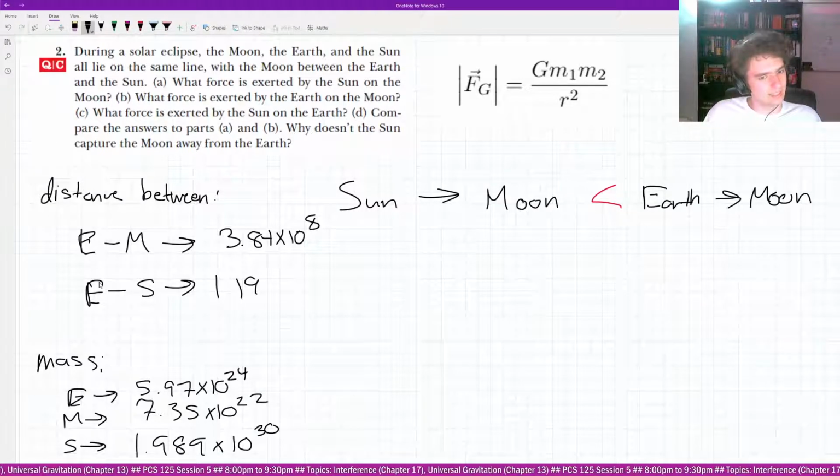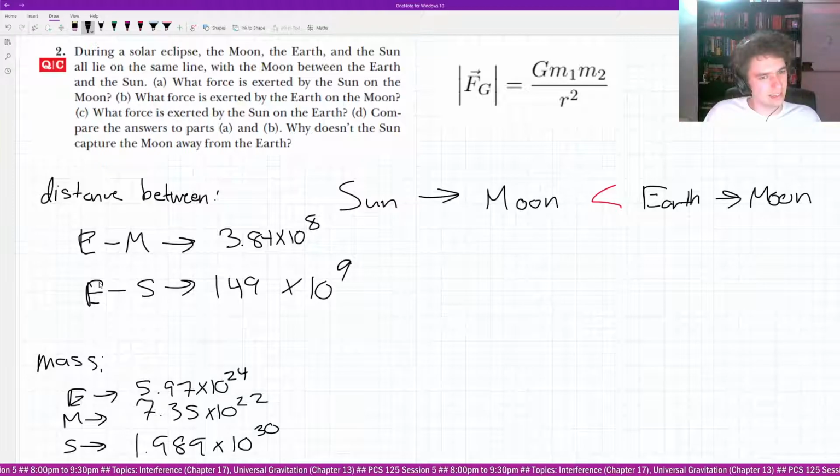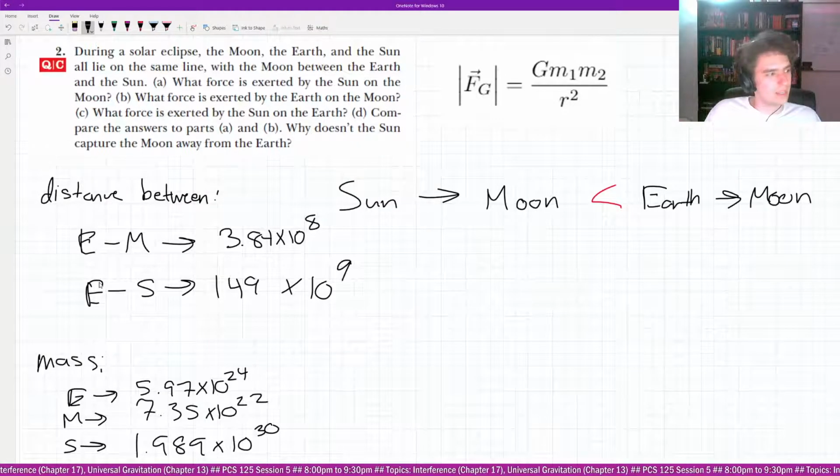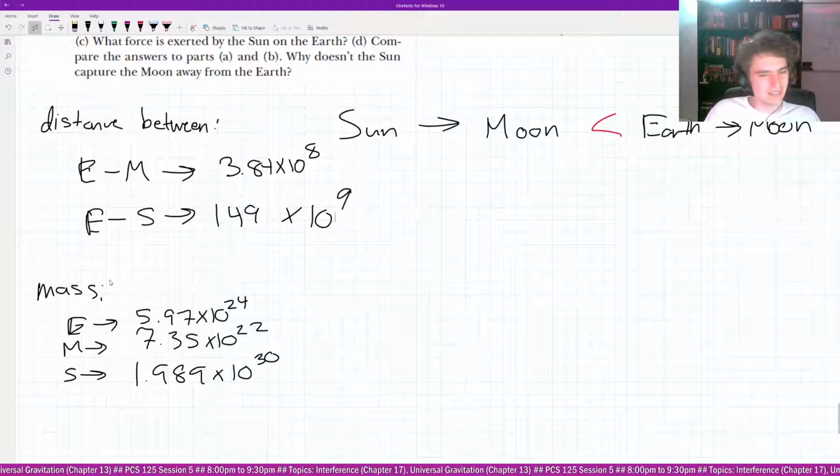Oh, it's giving it to me in words. It says million kilometers, so I was like, hold on, what do I write?